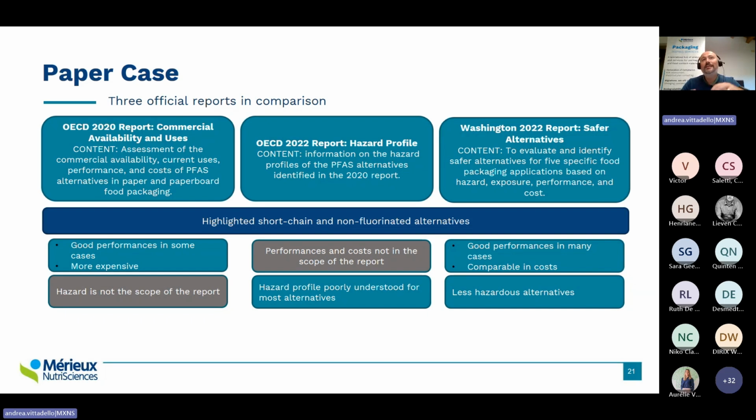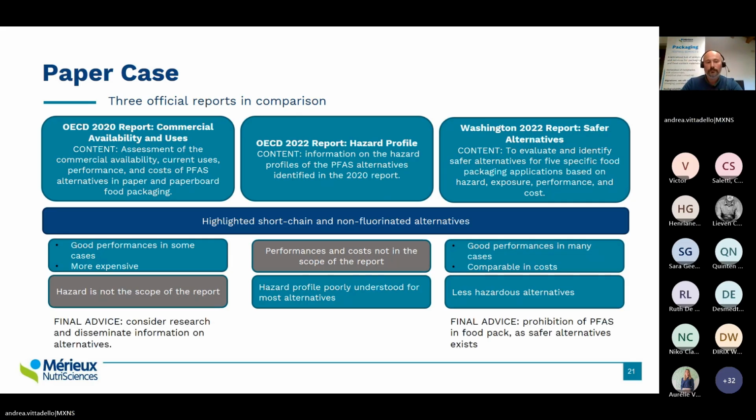And therefore, this report investigates the whole situation from the hazard point of view, but also from the performance point of view, and also from the cost point of view. And they also put the final advice. And the final advice is to ban PFAS, but also to find other alternatives.